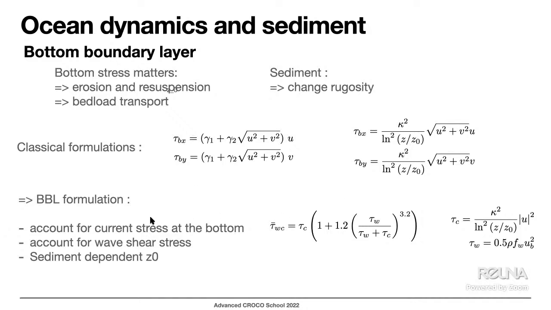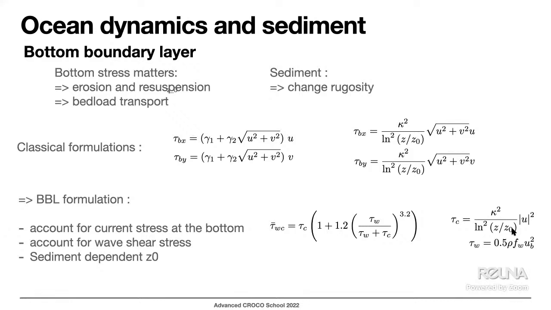So we have to take into account the current stress, the mean flow stress at the bottom, but also the wave shear stress, and we also need a sediment-dependent roughness. So what is done in the BBL is to take wave and current data to compute the wave-current stress, which is a mixture between the pure current stress and the wave stress.